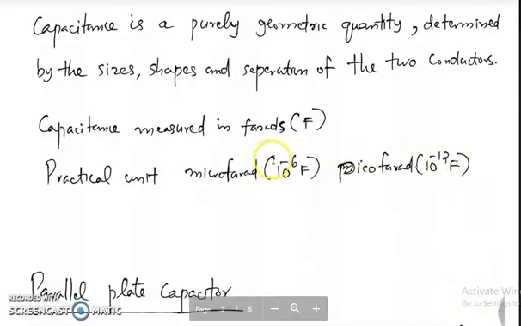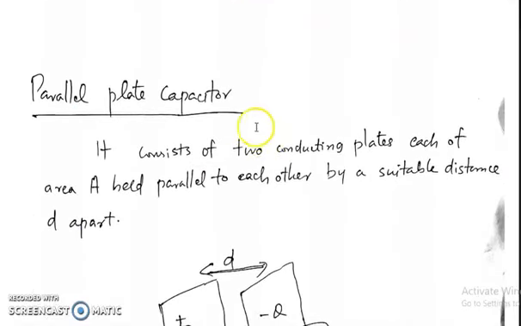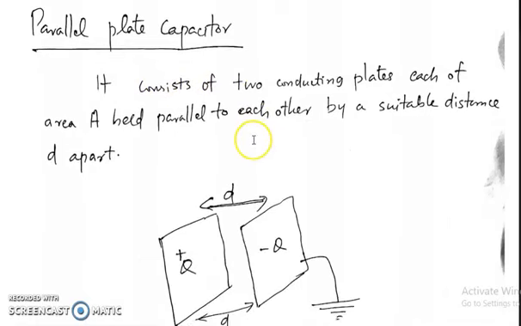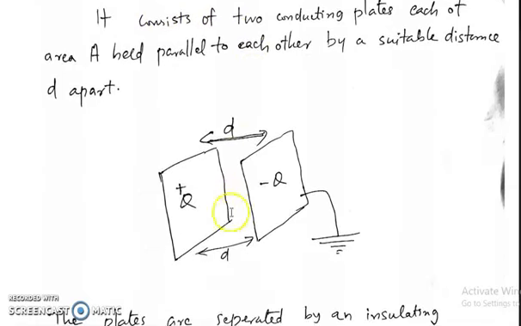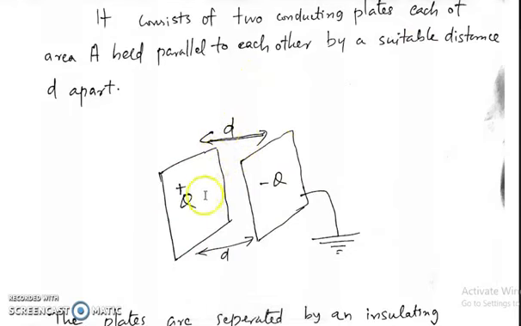Now let's look at the most commonly used one, the parallel plate capacitor. A parallel plate capacitor consists of two conducting plates separated by a small distance d.